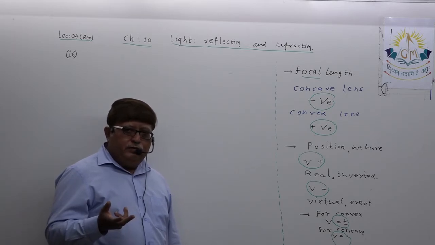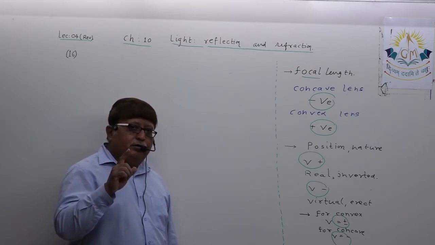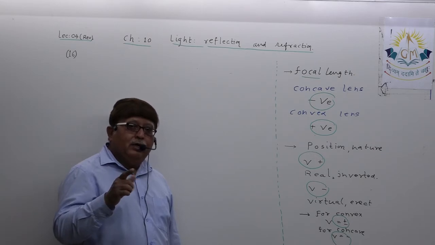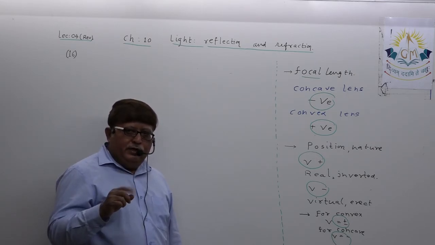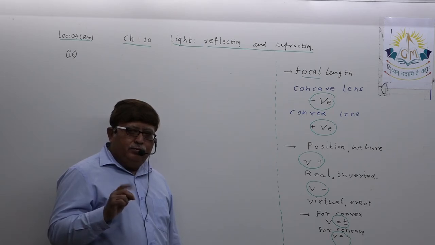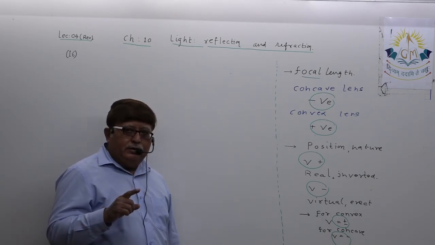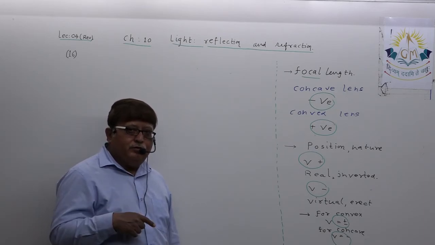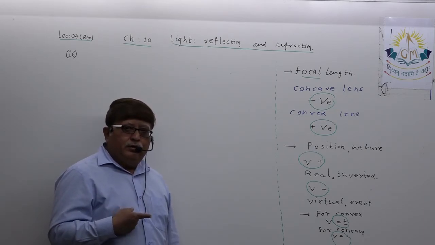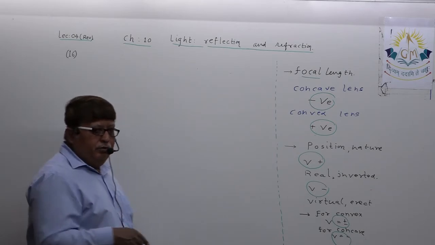U is always negative, and V is always negative. That means you got one conclusive point that your sum may be correct if your V is negative. If V turns positive in case of concave lens, your sum is going to be wrong.